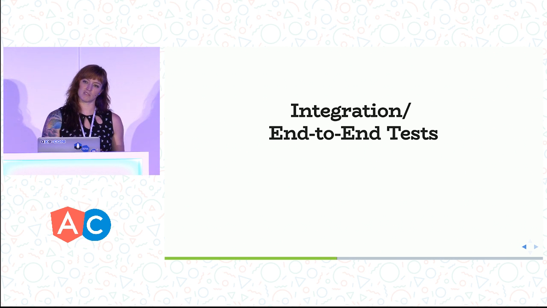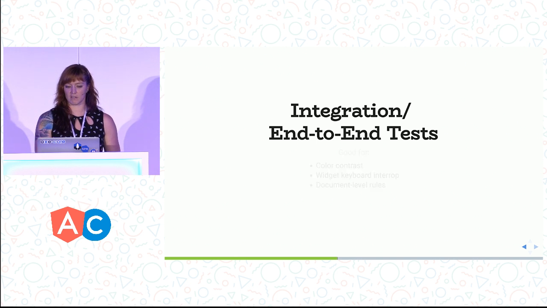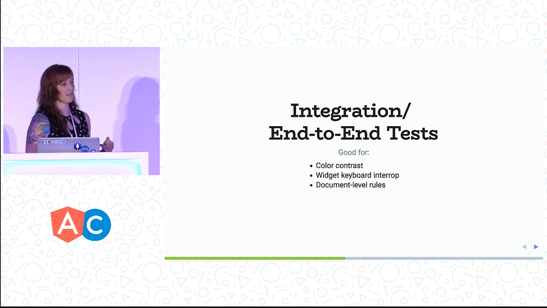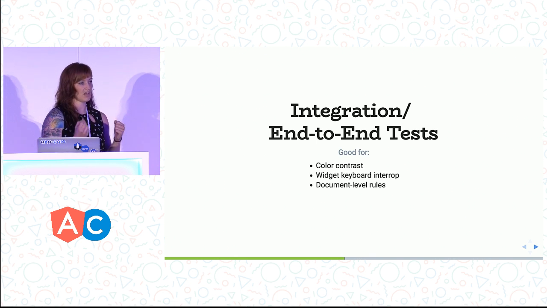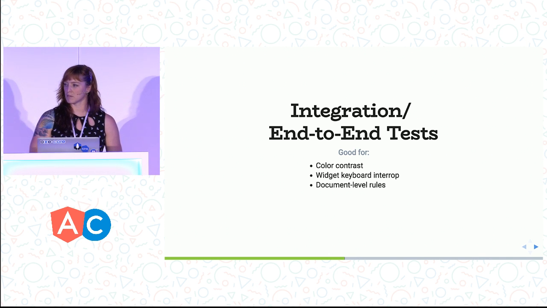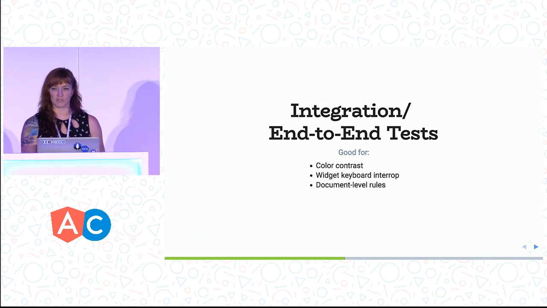You also probably want some integration or end-to-end tests using things like Protractor. And this is good for things like color contrast, where you need an actual browser to check what colors are happening. You need styles to be applied to have it be a useful test. You need it to be in the browser so you can use browser methods to check what's happening with color contrast.